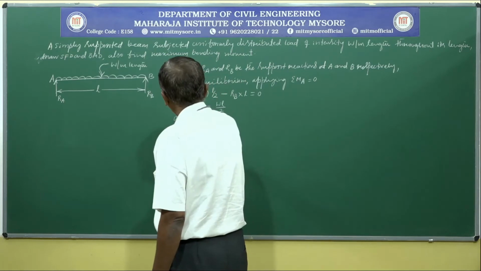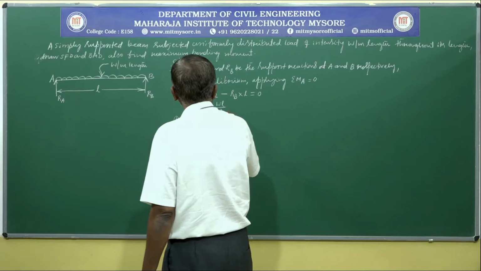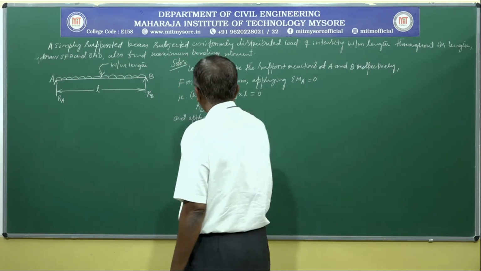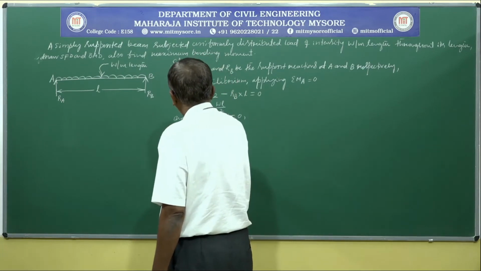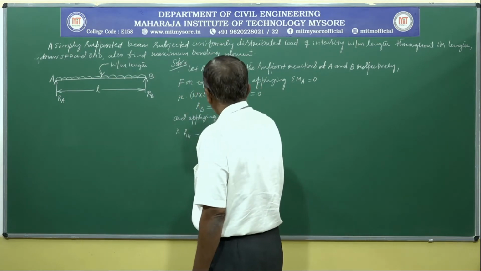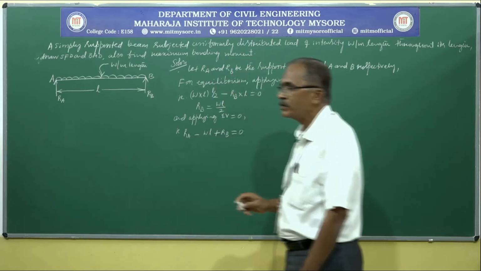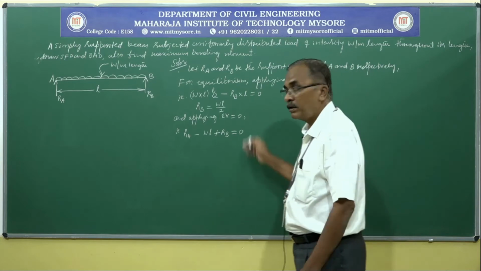And applying sigma V is equal to 0, that is RA minus W into L plus RB is equal to 0. Two reactions and one UDL.